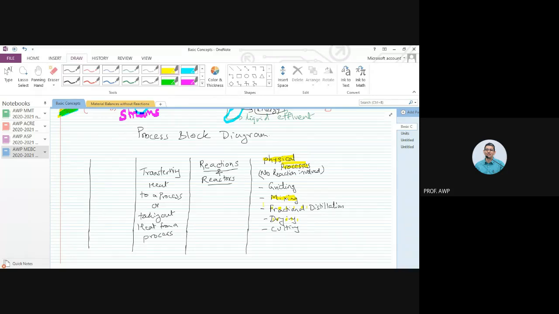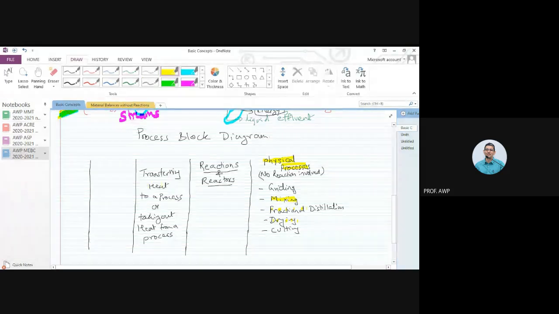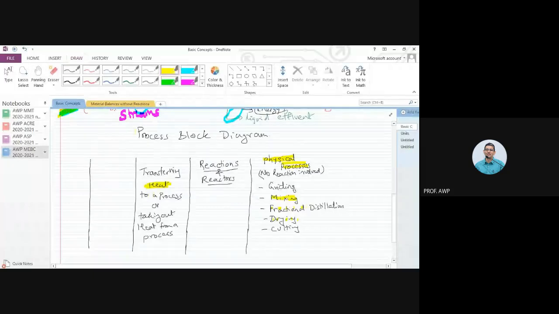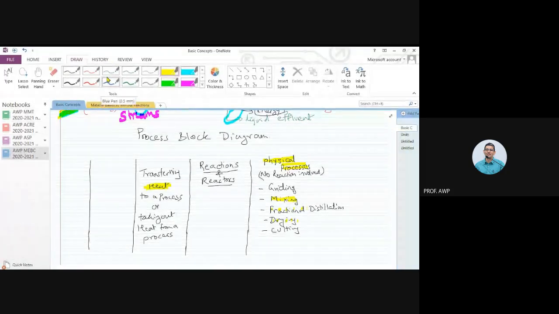It is just a mixing process. I don't require heat for that process. I might require electrical energy for doing that mixing. Let's say we are mixing something at home, we might be using a mixer, so we will require electricity for that. But I want to bifurcate into transferring heat and using electricity. I'm bifurcating these two things just now.